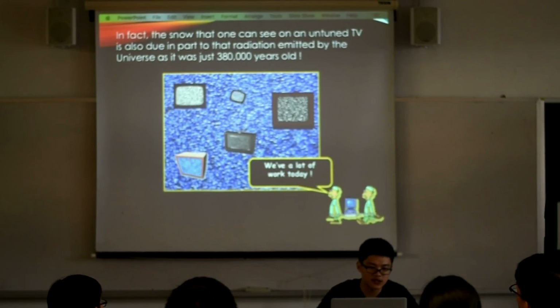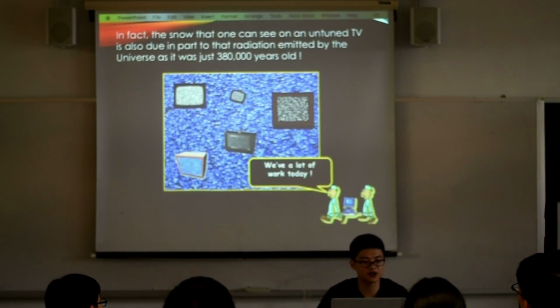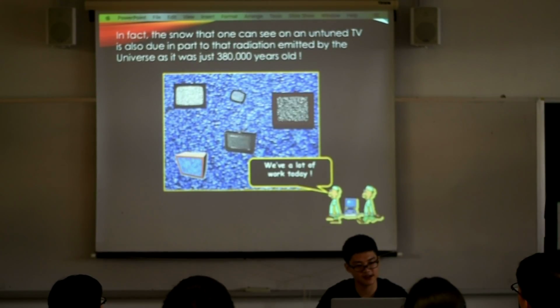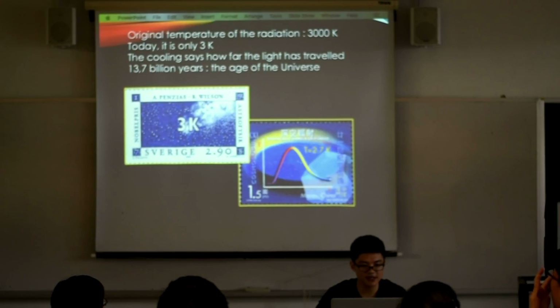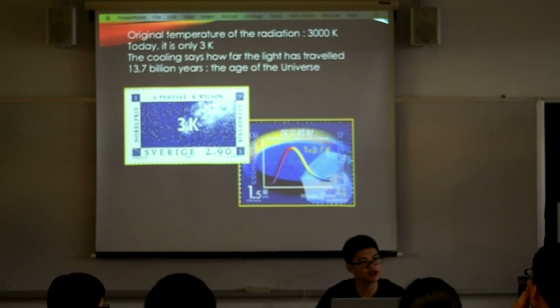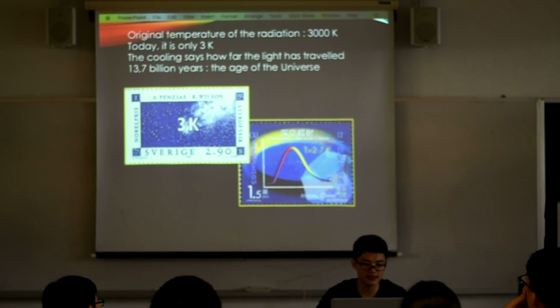In fact, the snow that one can see on an old tube TV is also partly due to the microwave background radiation. By theory, the original temperature of the radiation should be 3000 Kelvin, and today it is only 3 Kelvin. So with the calculation, we can see that the light has traveled 13.7 billion years, which is commonly accepted as the age of the universe, although there are many other theories that predict otherwise.